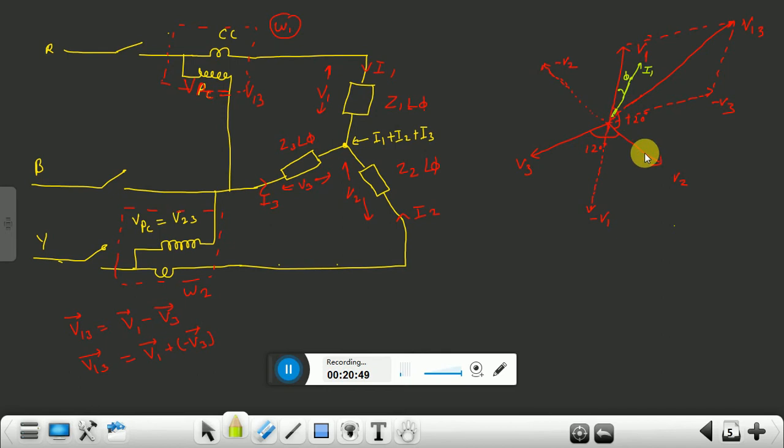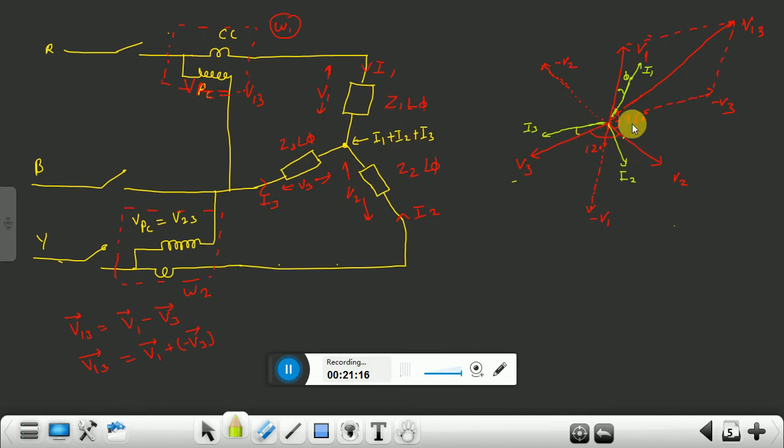Suppose this is V2, the current lags V2 by phi degrees, so this is I2, and this is V3. The current lags by phi degrees, this is your I3.